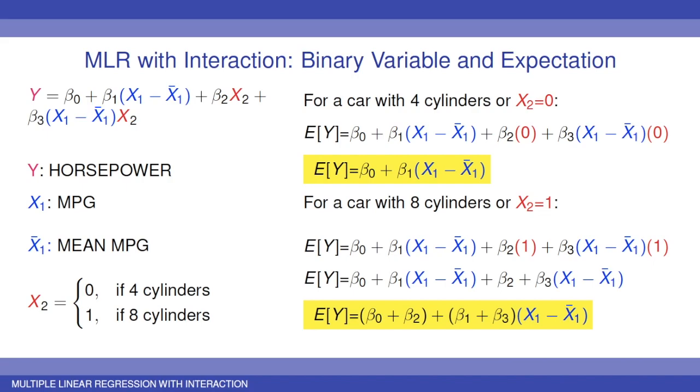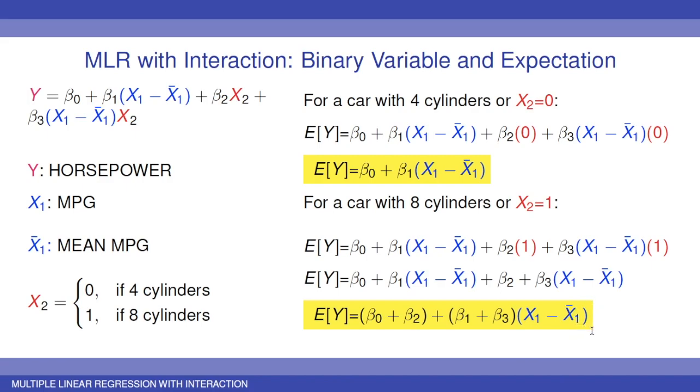Again, we plug in 0 into x2 and obtain the following equation. Similarly, we calculate the expected horsepower conditional on a car having 8 cylinders. In this case, we plug in 1 into x2, and we obtain this equation.